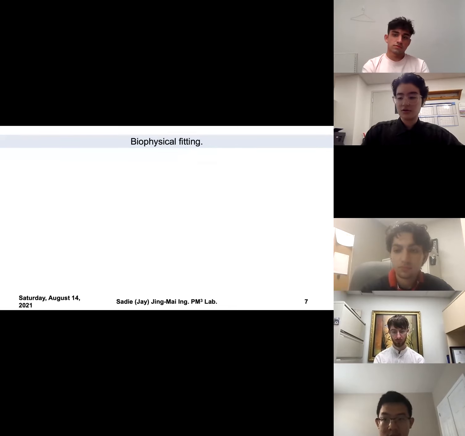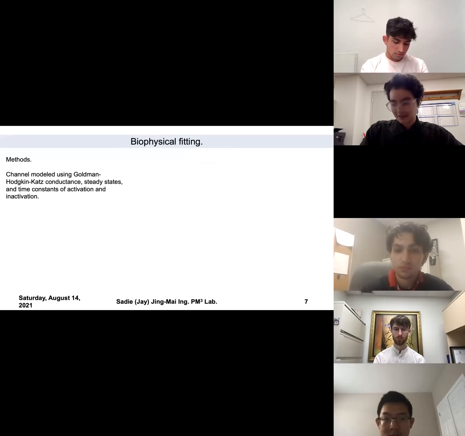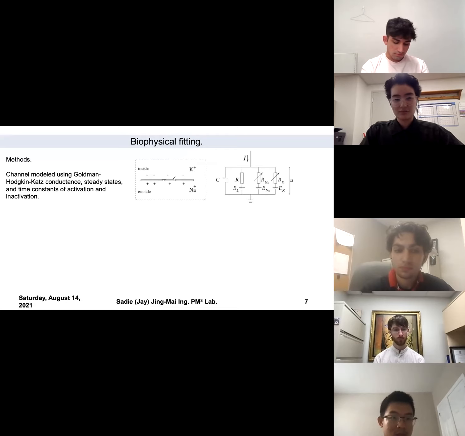After making that initial conclusion, we decided to try and estimate the values I had previously mentioned by graphing our recorded data and comparing it to other graphs made with our estimated values. So we modeled the L-type calcium channel using the Goldman-Hodgkin-Katz model. And the equation for this model is the one I showed a couple slides ago.